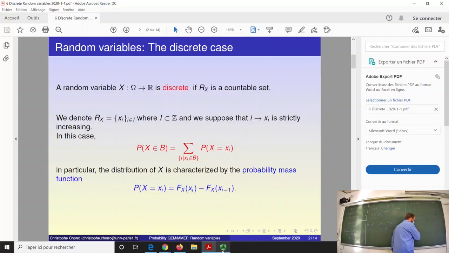Keep in mind that I have introduced notations for my possible values. So here you have x_{i-1}, that is one possible value of capital X, and then I have xi here. And between the two, I have nothing. So what is this set in the discrete case? What is this probability, in other words? What is the probability to be less than this one and to be strictly greater than this one? Knowing that I don't take values between the two from the definition of a discrete random variable. So what is the probability in our range here?